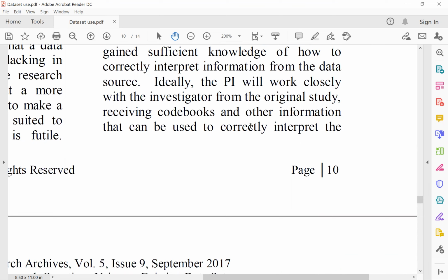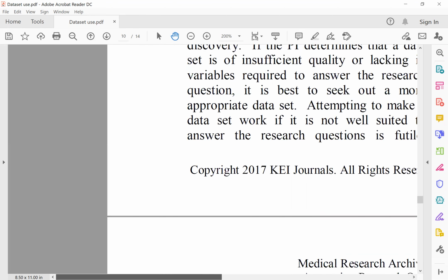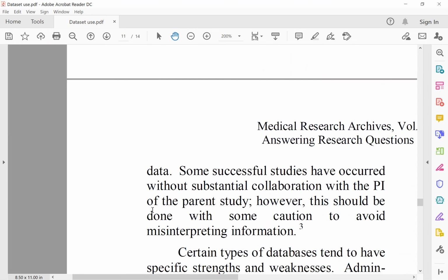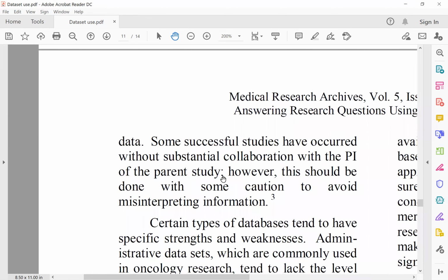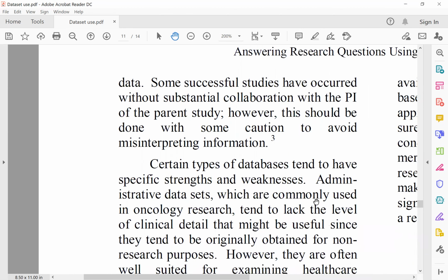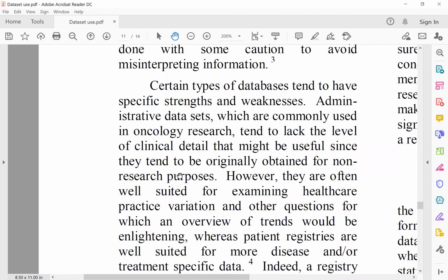This is the ideal, receiving code books and other information that can be used to correctly interpret data. Now, they are available on websites and you can just get that automatically. Some successful studies have occurred without substantial collaboration with the PI of the parent study. However, this should be done with some caution to avoid misinterpreting information.